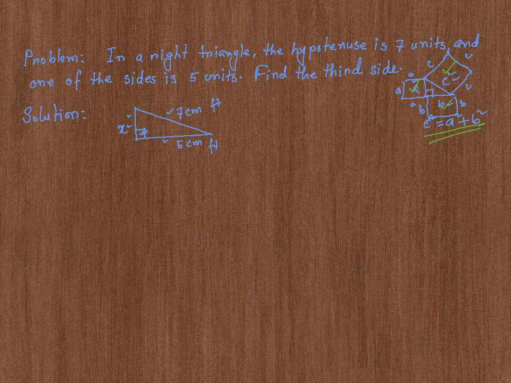That's what this formula says. The bigger square has the same area as the two little squares added together. That's what the Pythagorean theorem tells you.